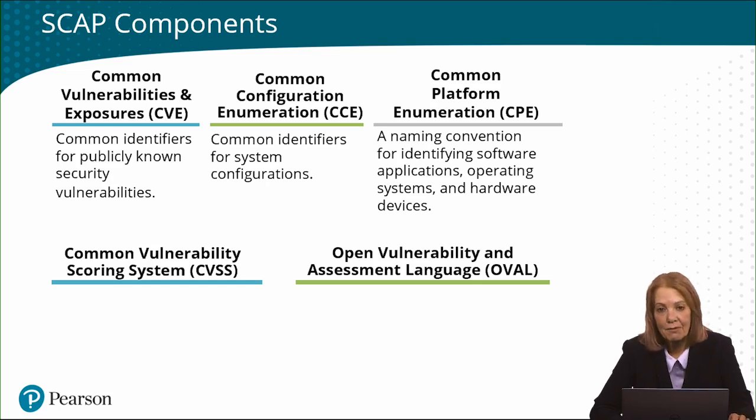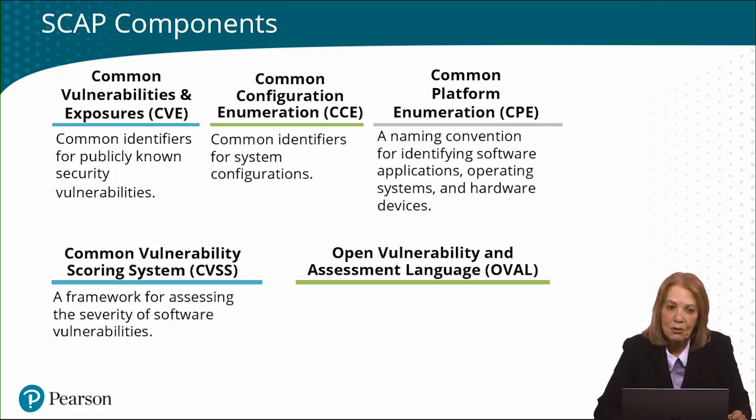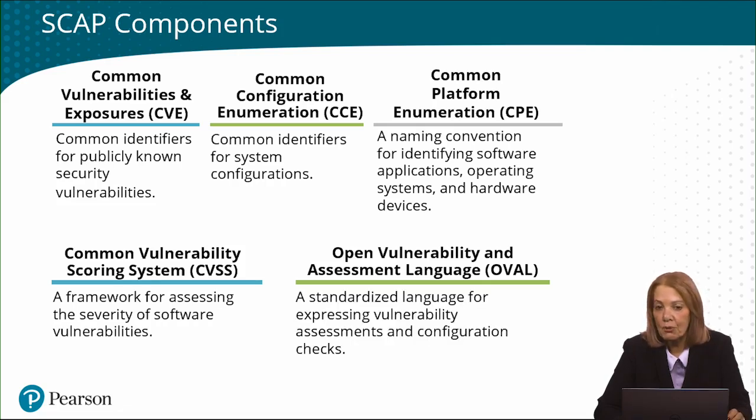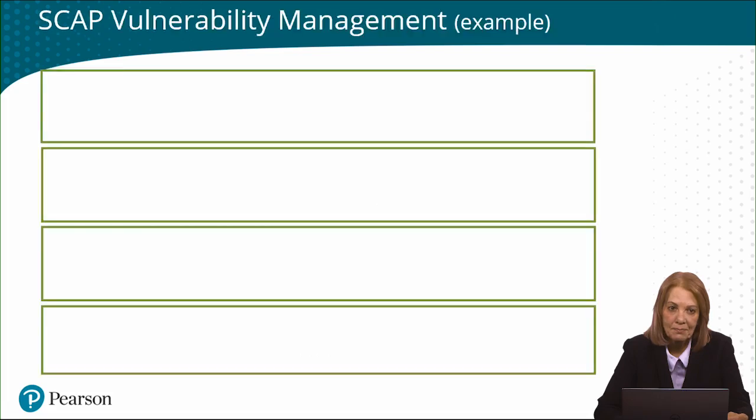The Common Platform Enumeration is a naming convention for identifying software applications, operating systems, and device hardware. The Common Vulnerability Scoring System is a framework for assessing the severity of software vulnerabilities. And OVAL, the Open Vulnerability and Assessment Language, is a standardized language for expressing vulnerability assessments and configuration checks.